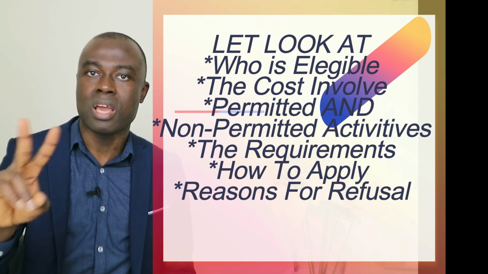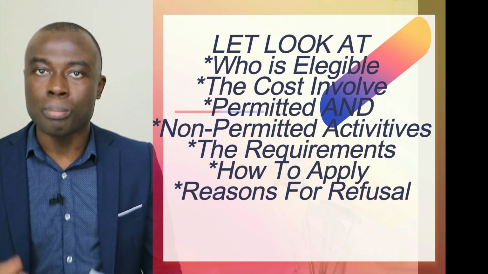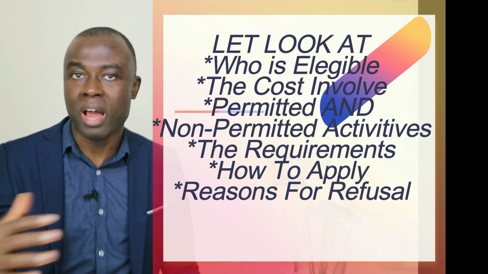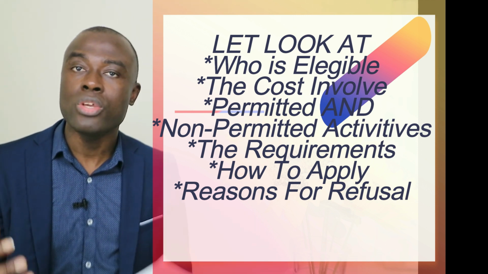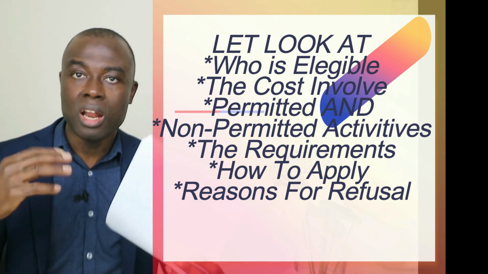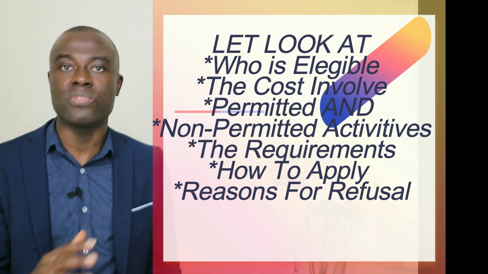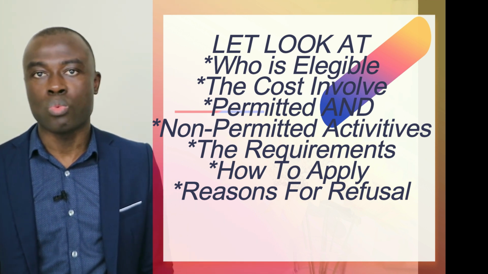So the requirements here are two different things. I will also look at the processes involved in applying for the Standard UK Visitors Visa and why you can be refused your visa. There are some reasons why a lot of people applying for this visa have been refused. I will also cover that as well.